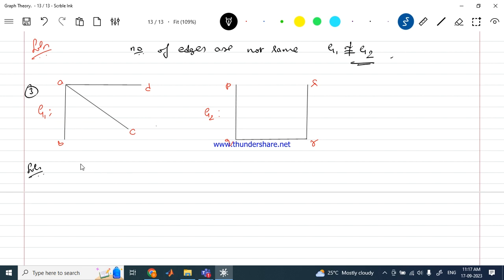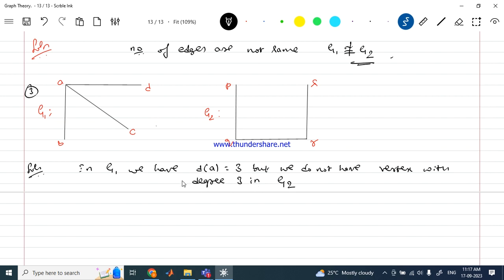Here we can note that in G1, the degree of A is equal to 3. But we do not have a vertex with degree 3 in G2.